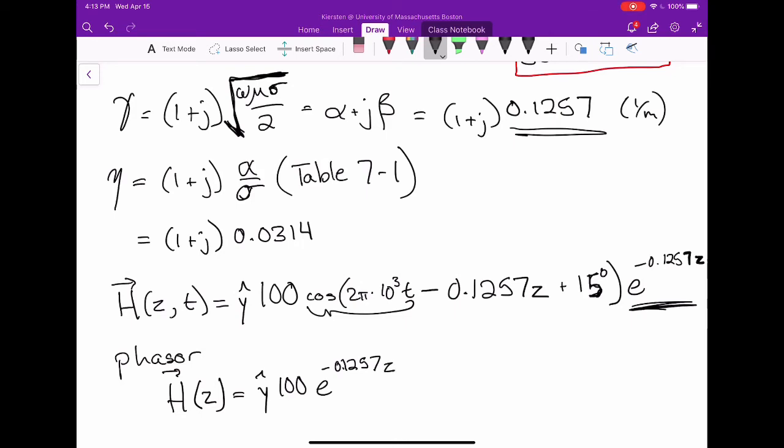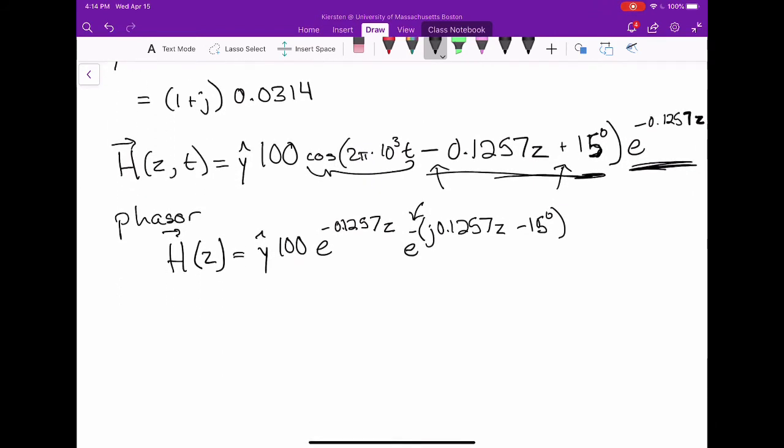And then we do the position-dependent phase and this 15 degrees. So e to the minus j parentheses 0.1257 z minus 15 degrees. This is a minus here and a plus here because we've got a minus sign in the front. So that accounts for the difference in sign between those two terms. So there's our phasor magnetic field.